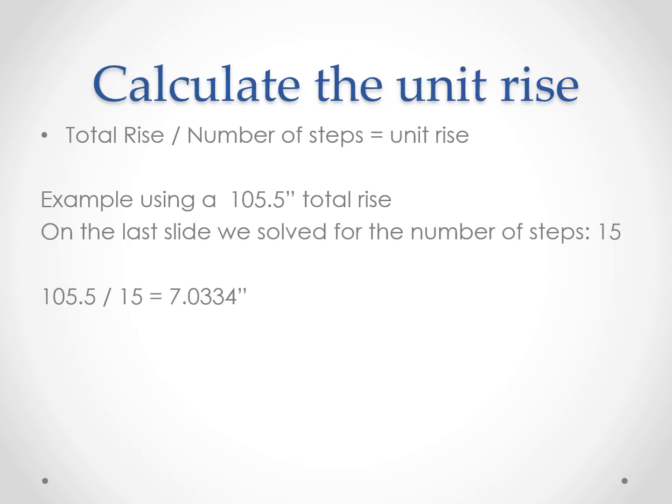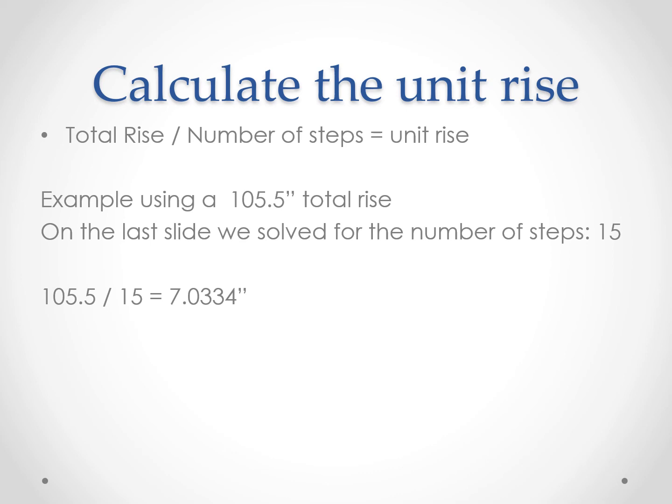Okay, now that we took the time to actually figure out the number of steps that are going to be in this particular staircase, what we need to know now is what is the size of each one of those steps. So we know we have 15 steps, but what is the size of each of those steps? Well, the formula for this is simple.